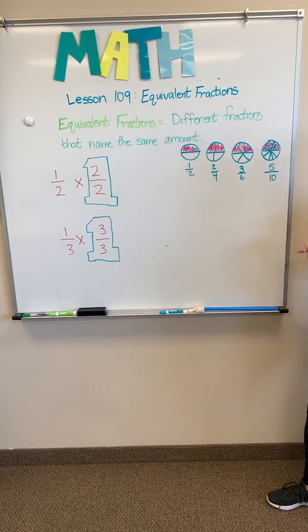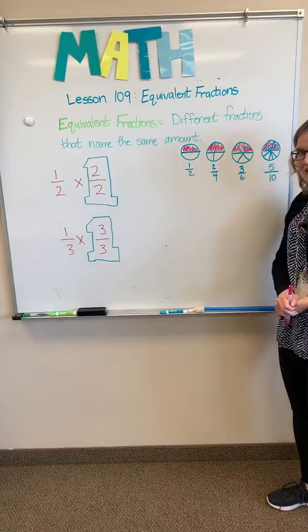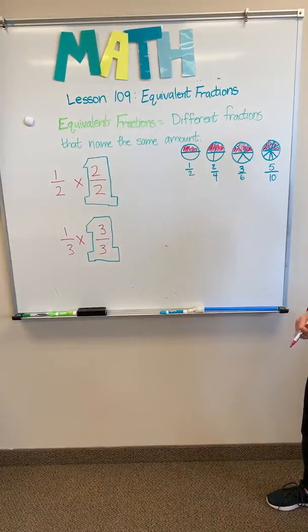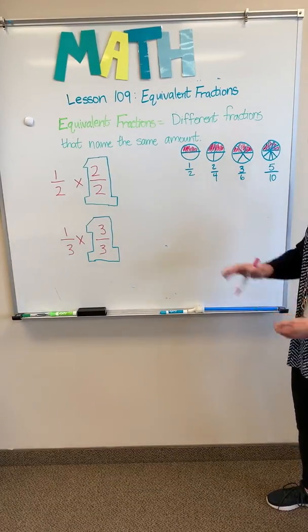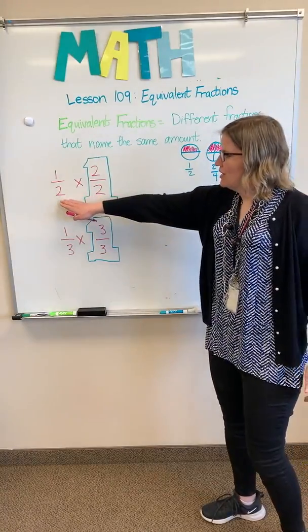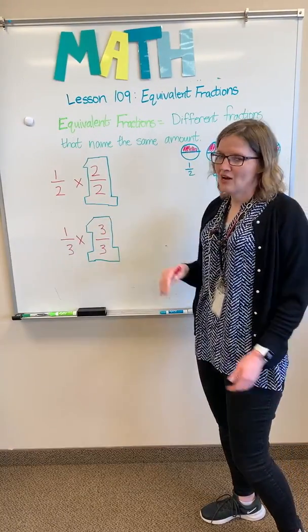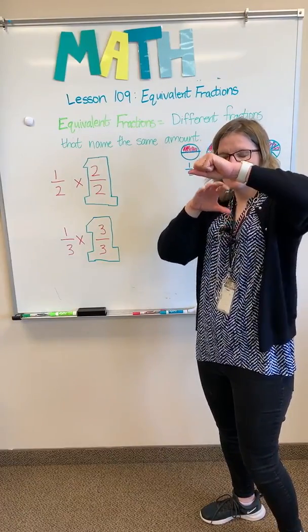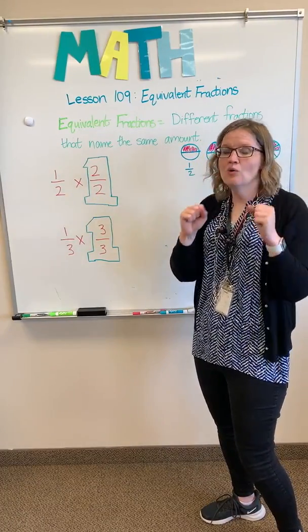So, let's talk about how we determine an equivalent fraction. Our first example is 1/2. Now, remember when we said a number over a number always equals 1.